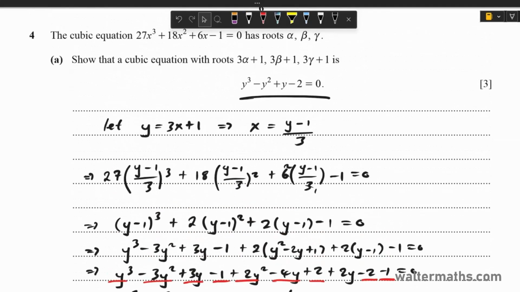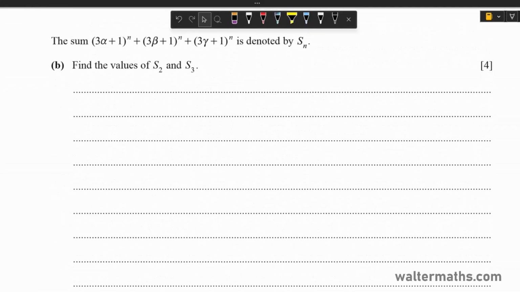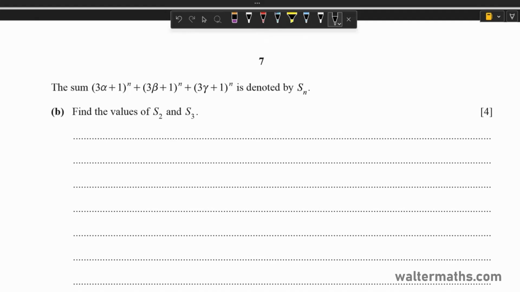Let's move on to part B. It says the sum of (3 alpha plus 1) to the n plus (3 beta plus 1) to the n plus (3 gamma plus 1) to the n is denoted by sum to n. Find the values of sum to 2 and sum to 3.